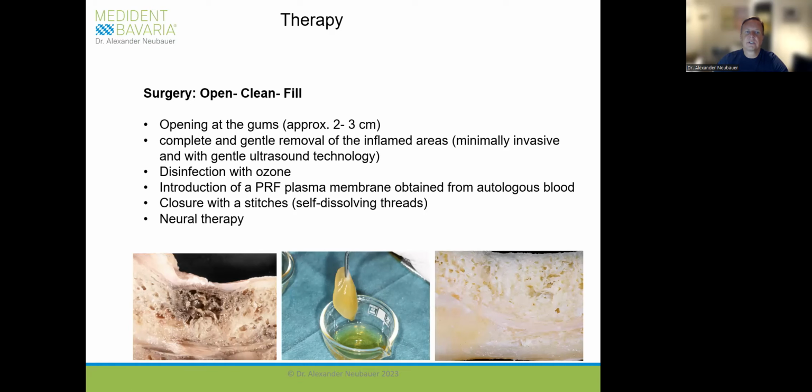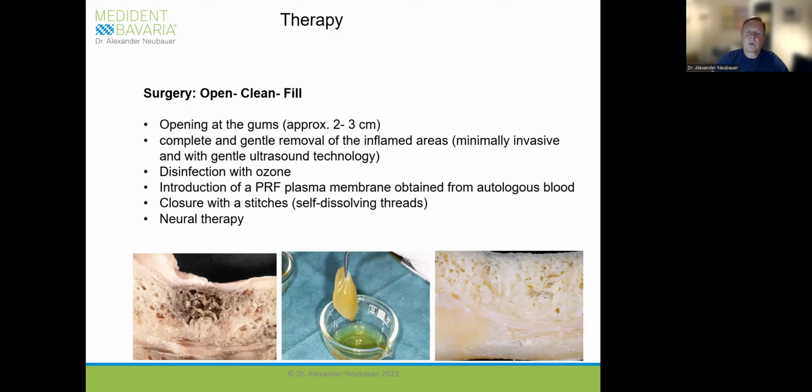So opening is the first step, of course. We do it under local anesthesia. We open the gums approximately 2 to 3 centimeters maybe, and then we make a complete and gentle removal of the inflamed areas, so of the cavitation, by using minimally invasive and very gentle ultrasound technology.